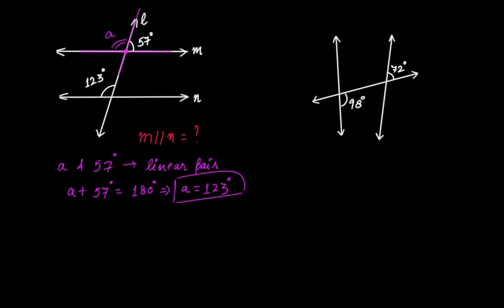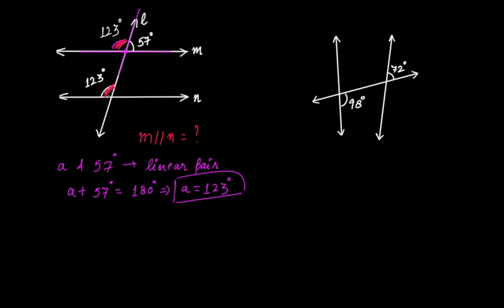So this angle is coming to be 123 degrees. Now, this angle and this angle, these two are actually what? A pair of corresponding angles. Why?